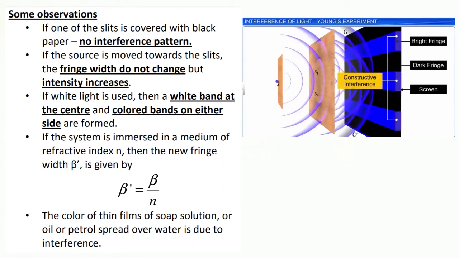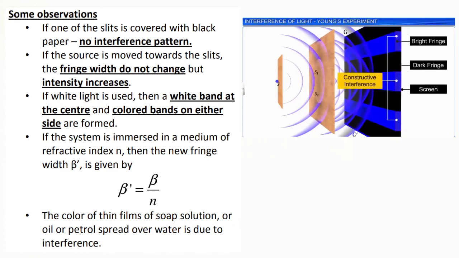If one of the slits is covered with black paper, there is no interference pattern. If the source is moved towards the slits, the fringe width does not change, but intensity decreases. If white light is used, a white band at the center and colored bands on either side are formed.